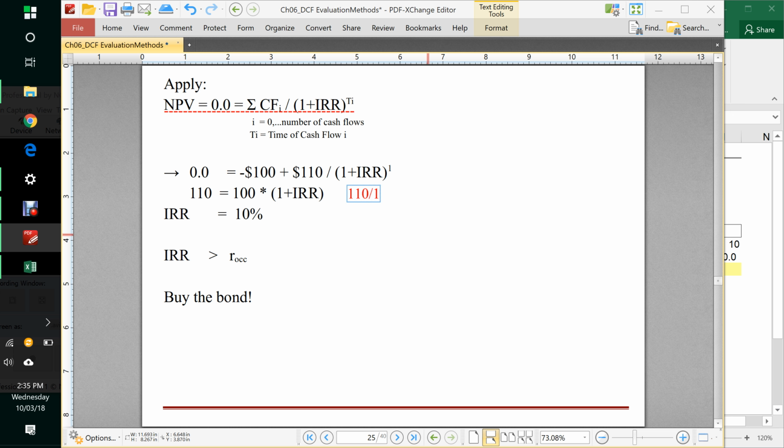After a little algebra, the statement to the left becomes 110 over 100 minus 1 equals the IRR, and that's going to be 10%. So that's greater than 5%. So buy the bond.